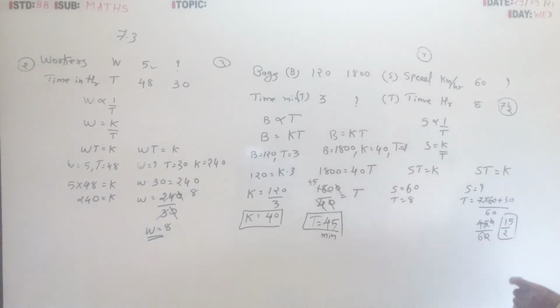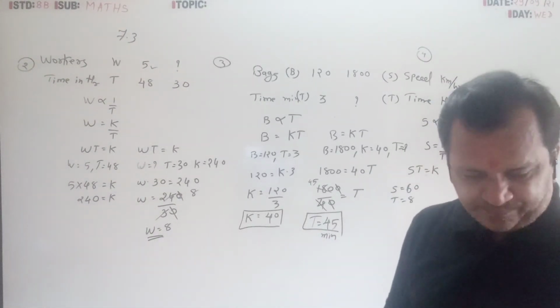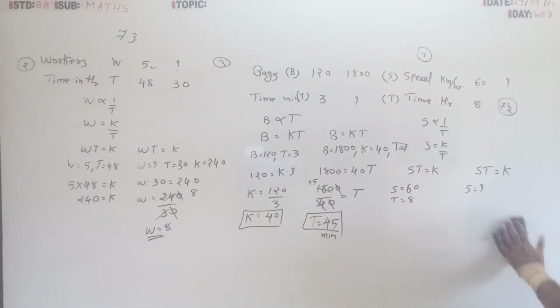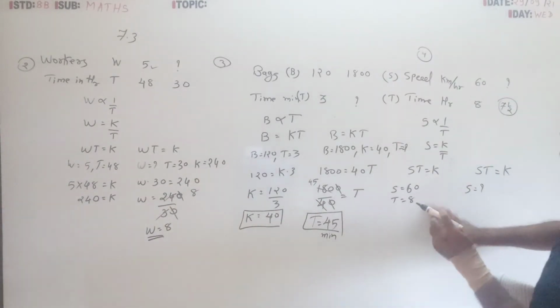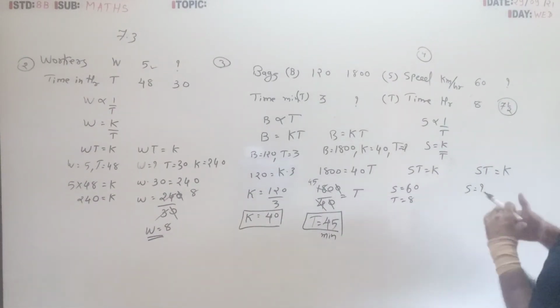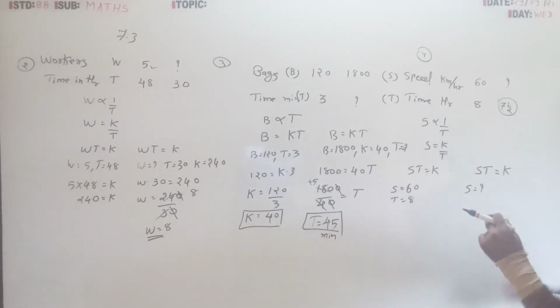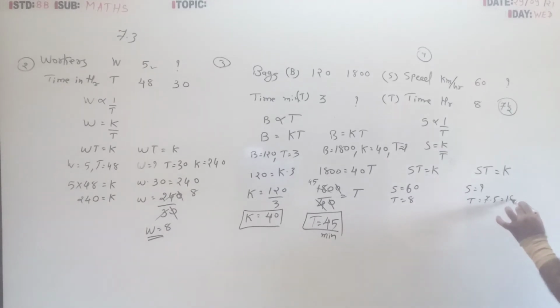This you can cancel, or you can directly take 7.5 hours as 15 by 2.